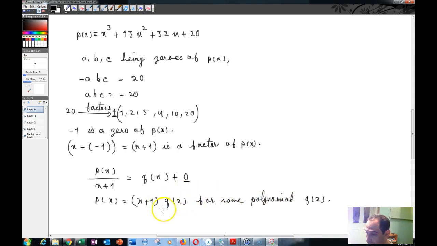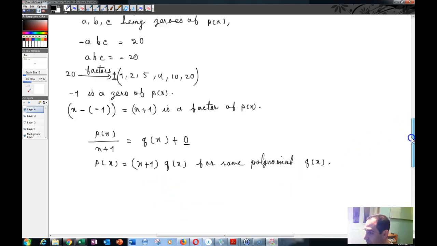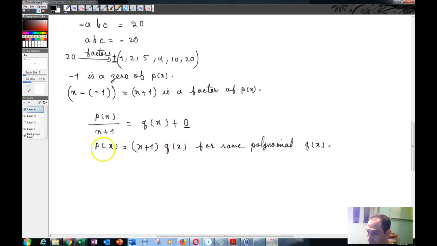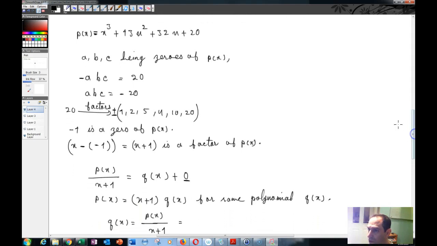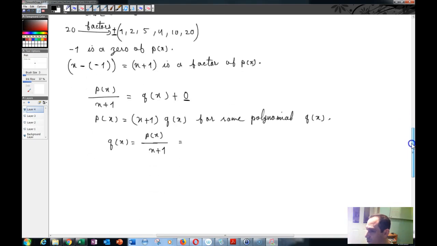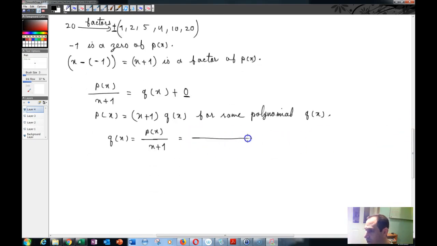Now, in order to find out what this q of x is, you can solve this equation, meaning that q of x is equal to P of x divided by x plus 1. And so P of x was equal to this polynomial here, x cubed plus 13x squared, and so on and so forth. So I write it over here.